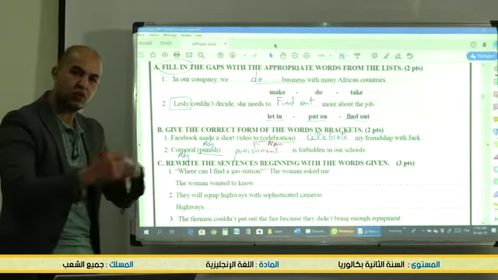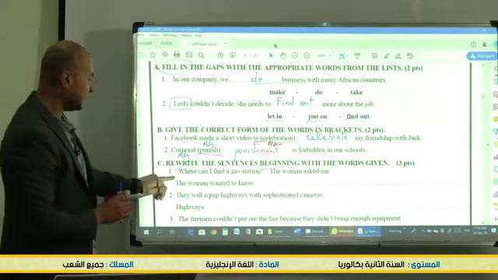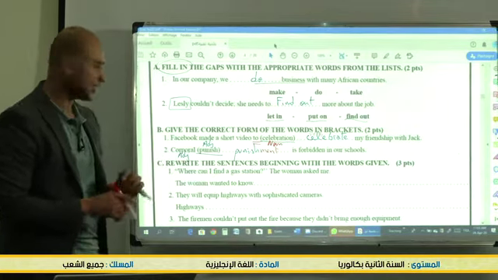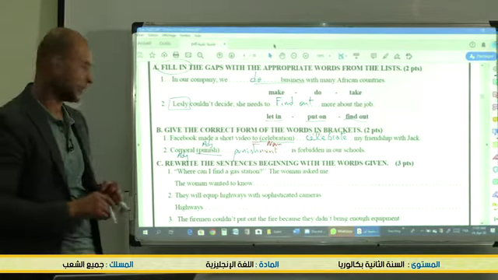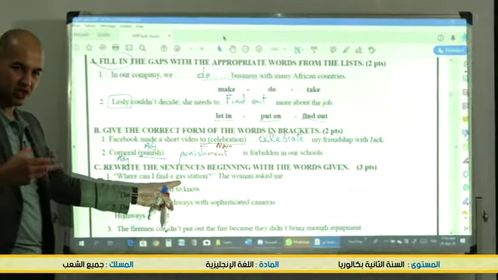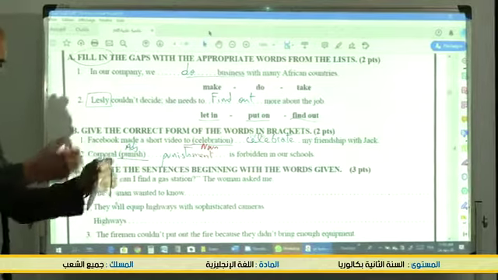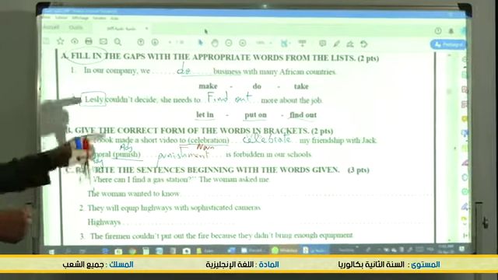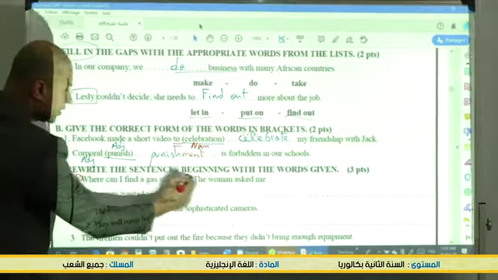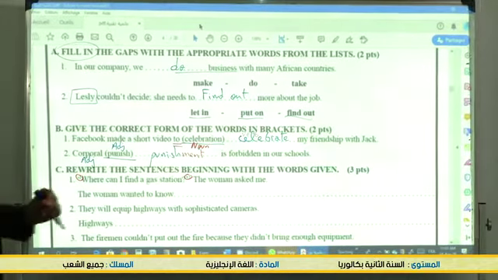C. Rewrite the sentences beginning with the words given. We are going to rewrite the sentences. If we look at number 1, we have, where can I find a gas station? The woman asks me, where can I find a gas station? Okay, for the car, gas station. The woman asked me. If you look here at the quotes, this lesson is the reported speech.